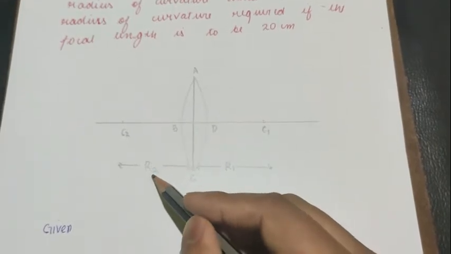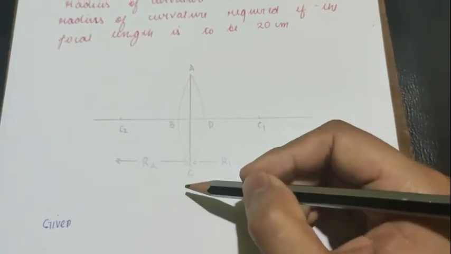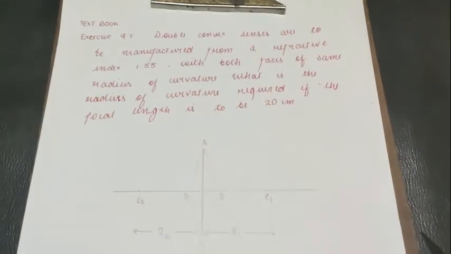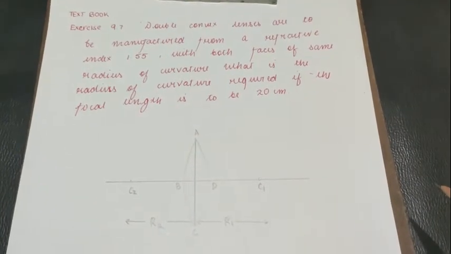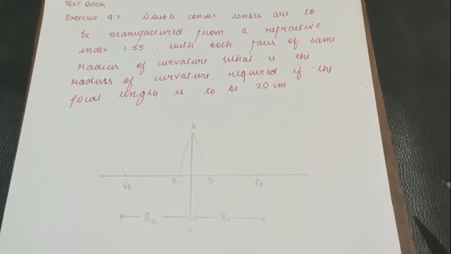So R2 is the radius of curvature for your second surface A, D, C. Clear?